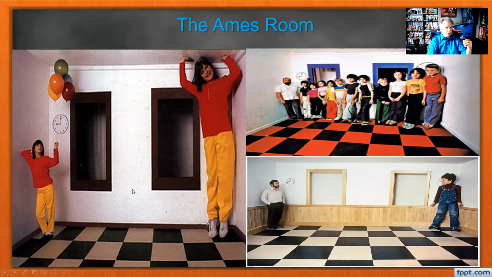But how could these twin girls who are in the room at the same time, how can she go from the floor to the ceiling and she can barely get up half the ceiling right there? She's tiny. They're in the room at the same time. And again, you've got the teacher and his students. It seems as you move to the right, they just get bigger and bigger and bigger. And again, same thing here.